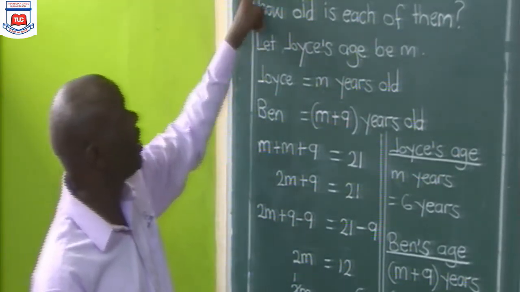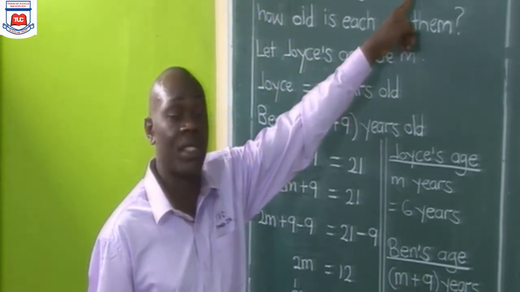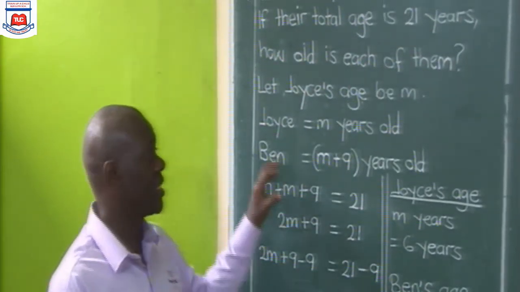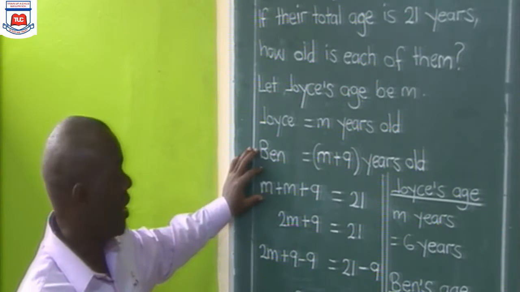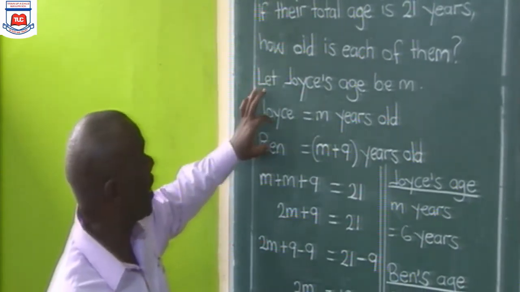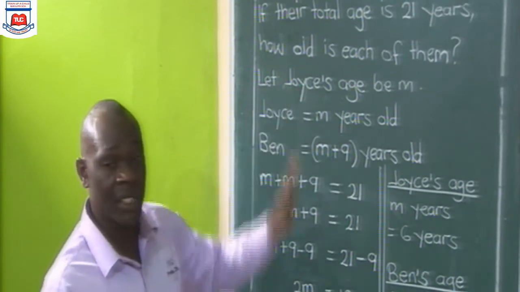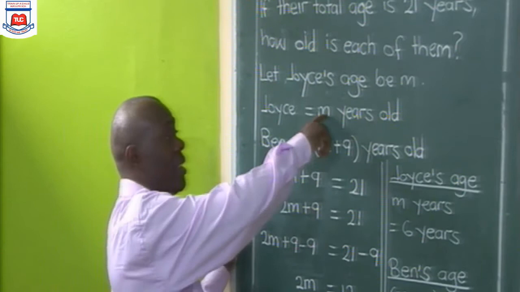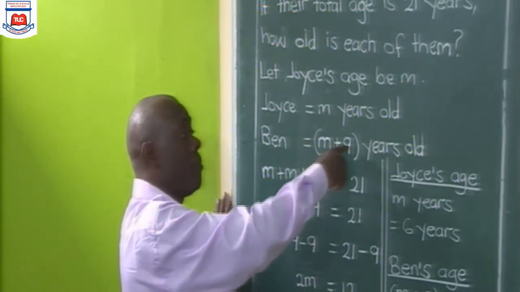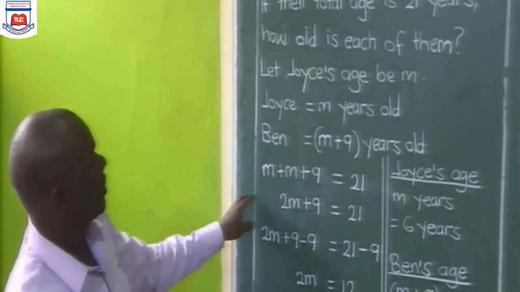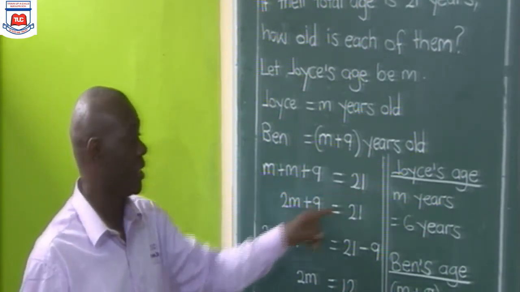Now they are saying if their total age is 21 years, the word total suggests addition. So get Joyce's age and Ben's age added and get 21. Thus we say M plus M plus 9 equals 21. That is the equation you have here.